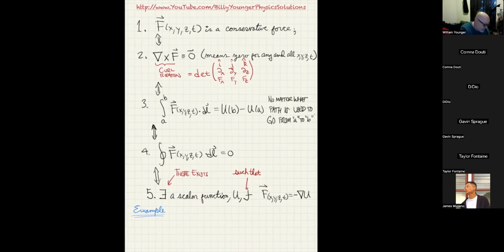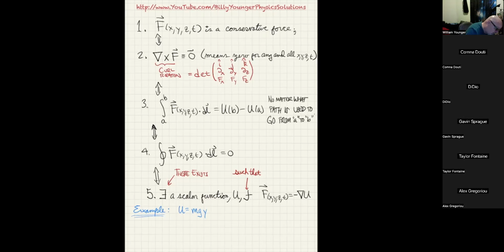You guys are free to go, of course, but earlier we found that U was equal to mgh, and if I oriented the y-axis accordingly, instead of h, I could just call it mgy. And that would be the scalar function. That's the potential energy function for the force of gravity, which is a conservative force.